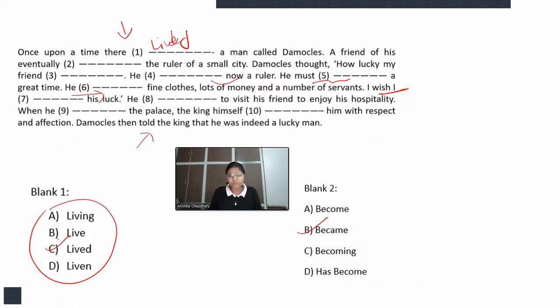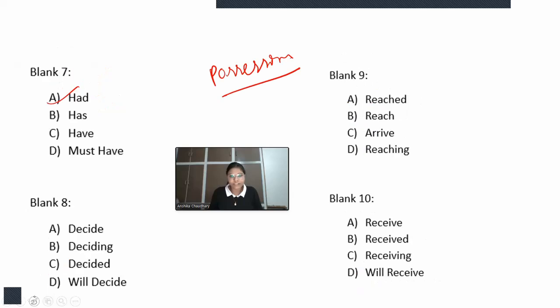Now moving forward, the next is he to visit his friend to enjoy his hospitality. For the eighth blank, the options available are decide, deciding, decided. For the verb decide, we have different forms available: ing form, present form, past form, and future form.